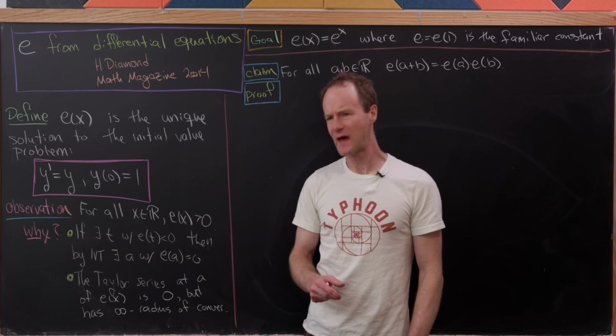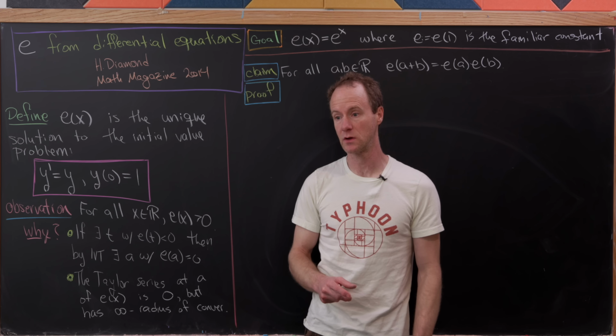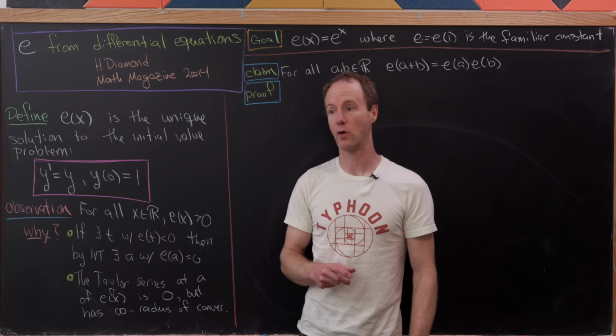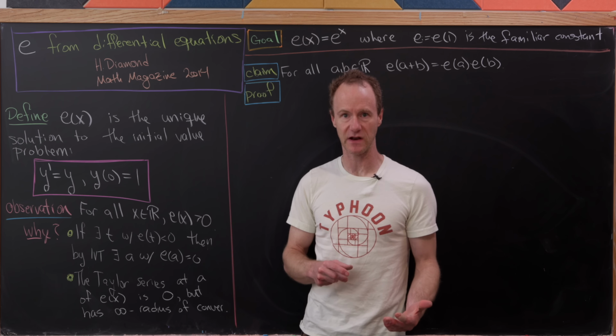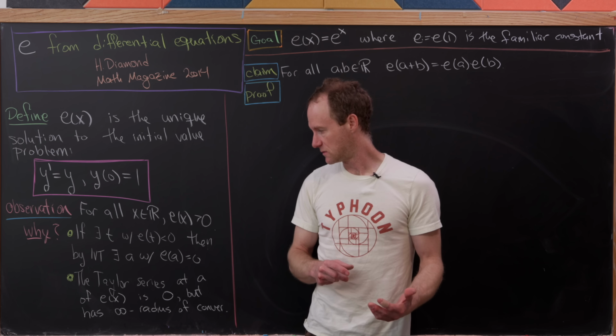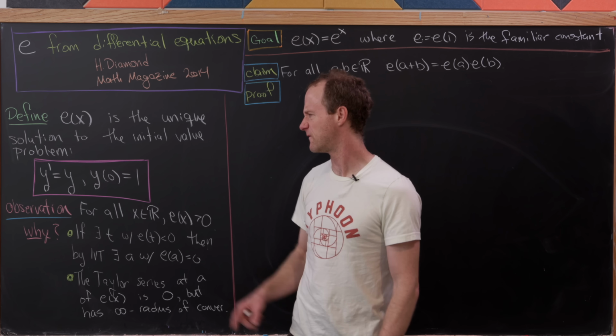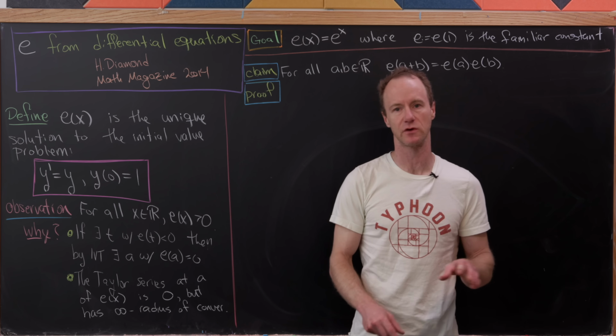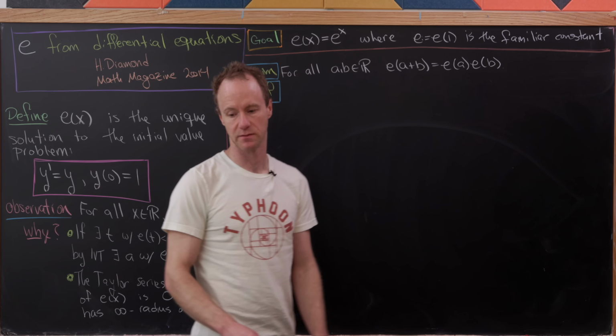And that means that the Taylor series is identically 0 expanded around that point. But then you can also check that that has an infinite radius of convergence, meaning that the function is identically 0. Oh, but we know that the function must be equal to 1 at 0, so that's a contradiction, meaning that yes, our function is positive.